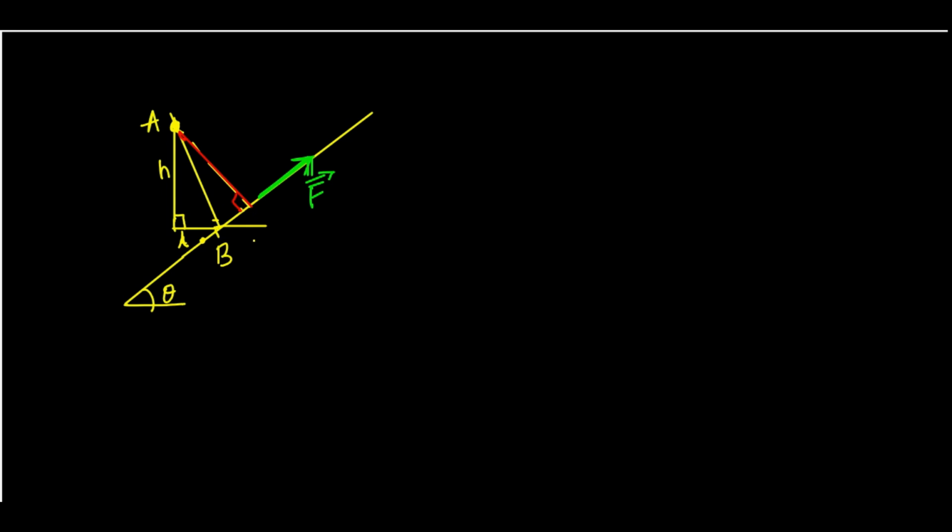So now we have A and B. This is B, this is A. You have H and L, also known, theta.